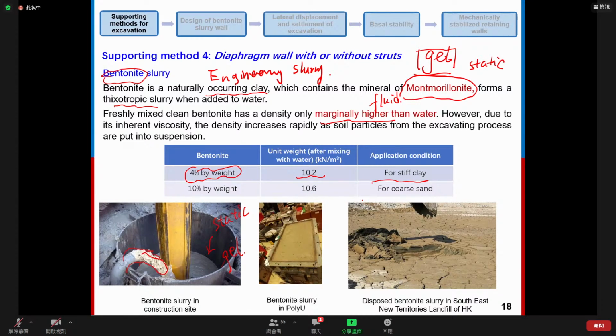And if we use bentonite slurry inside the excavation of coarse sand, we prefer to use a little bit more bentonite, like 10%, and we can reach a unit weight of 10.6.